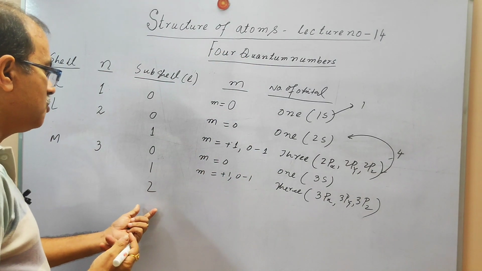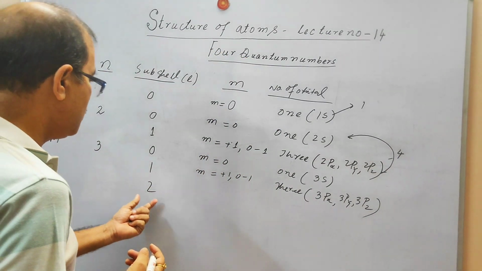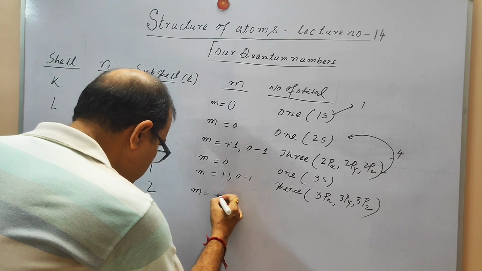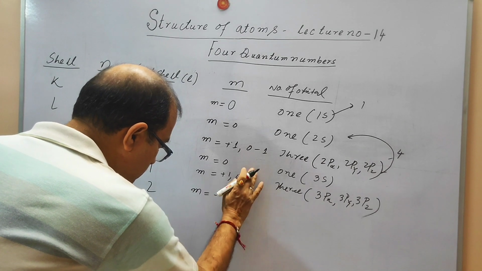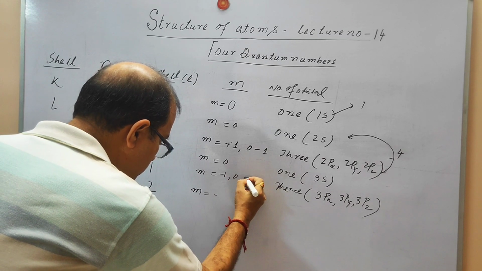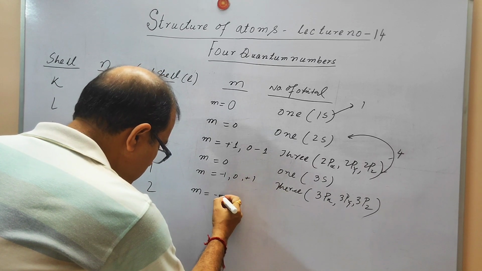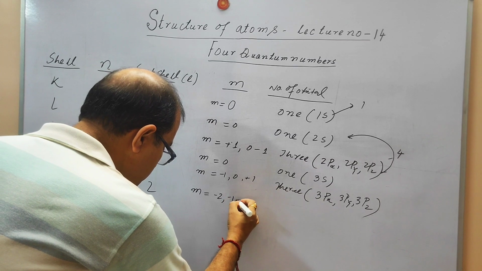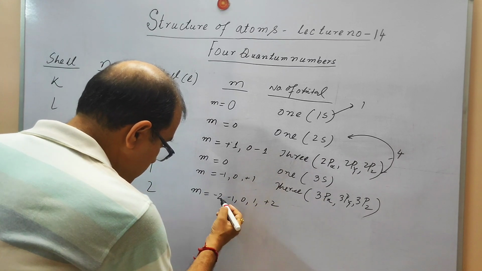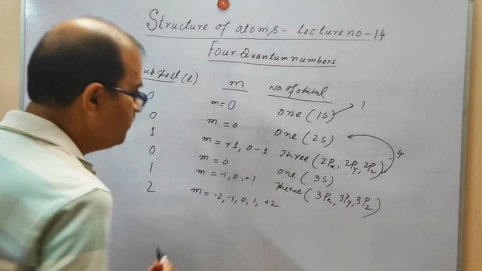For the subshell with azimuthal number 2, the orientations will be -2, -1, 0, 1 and +2. You can see 1, 2, 3, 4, 5.